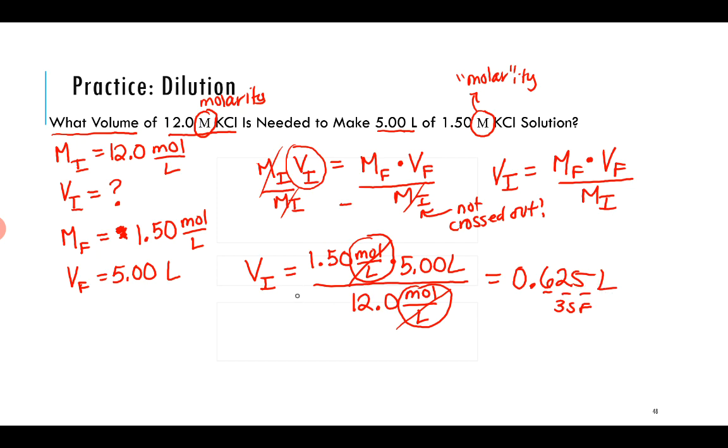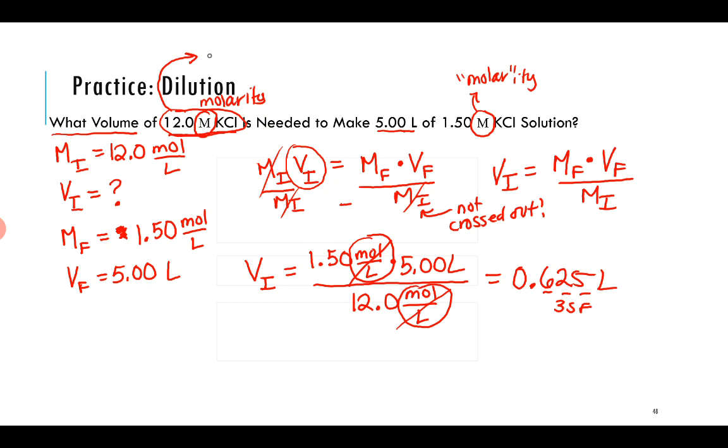Now we also need to make sure our answer makes sense. Since we're starting with a more concentrated solution, we will need less of it in order to have the same number of moles as 5 liters in that lower concentration.